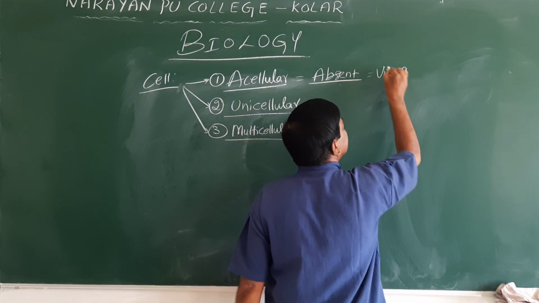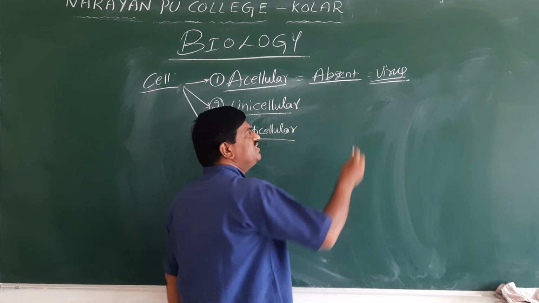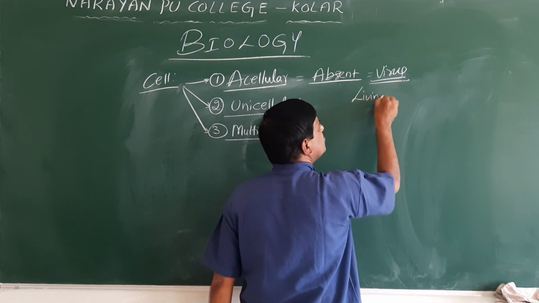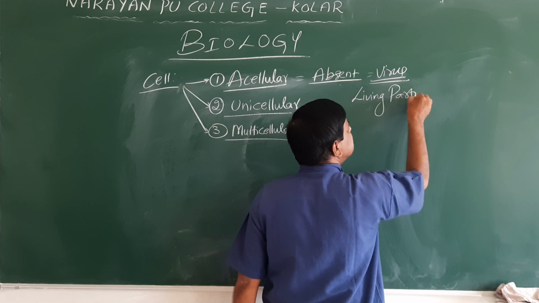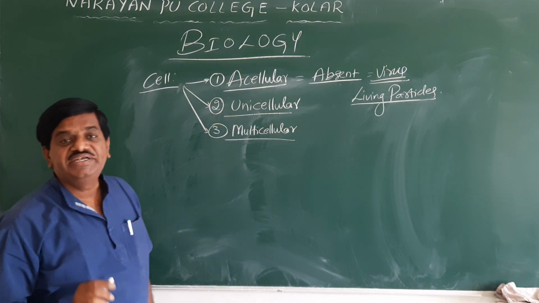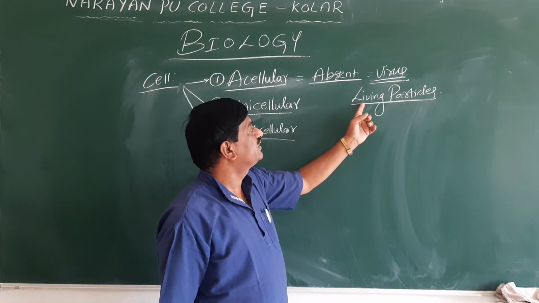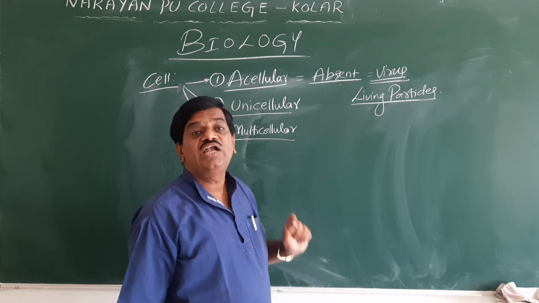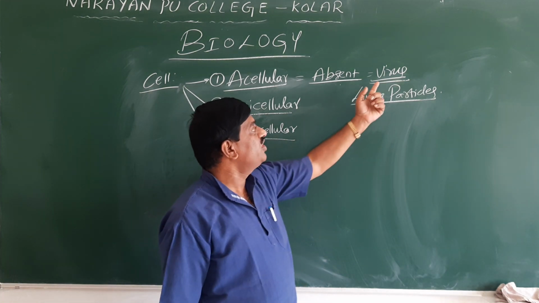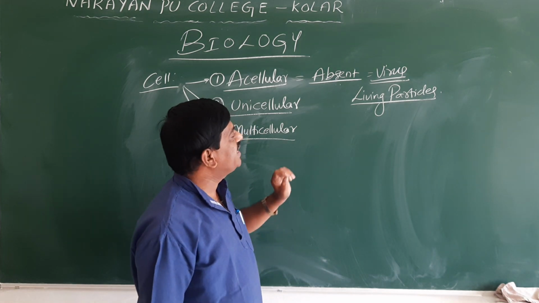Here we can give an example called virus. We know that virus is called living particles, living entities. This virus does not have a cell, but the virus is ultra microscopic. The meaning of ultra microscopic is that they can be seen only under the electron microscope.